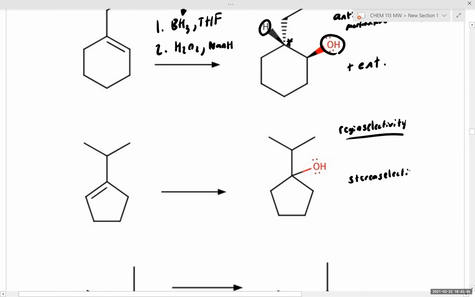So in terms of selectivity, we see for regioselectivity, we have Markovnikov regioselectivity. And in terms of stereoselectivity, just not available. The reason for that, if we look at this molecule, what's special about this molecule?